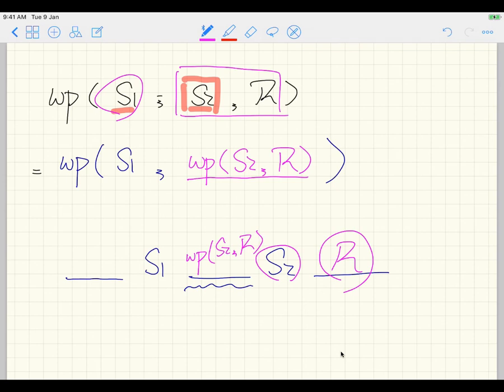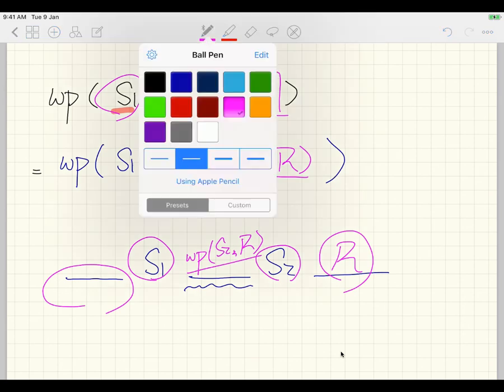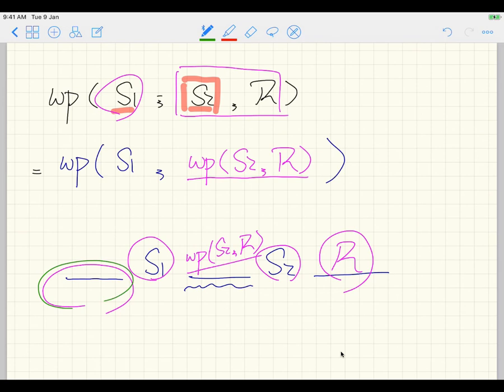And now, what should be the final precondition that's visible to the clients? It must be no weaker than the weakest precondition for S1 to establish the intermediate postcondition. So what we have here is WP for S1 to establish this, which is the WP of S2 to establish R. Make sense to you?